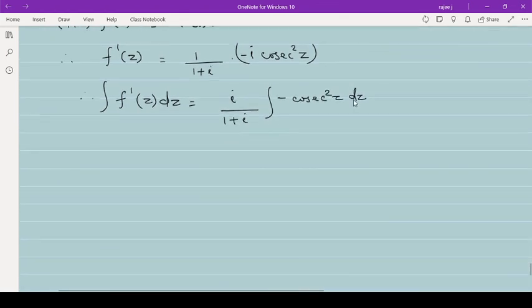So what is the integral of minus cosec square theta?